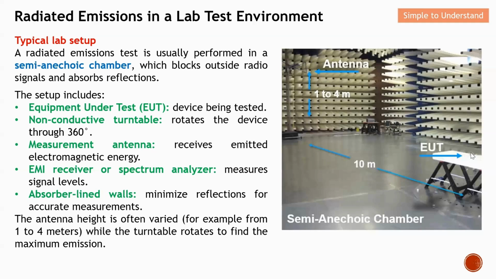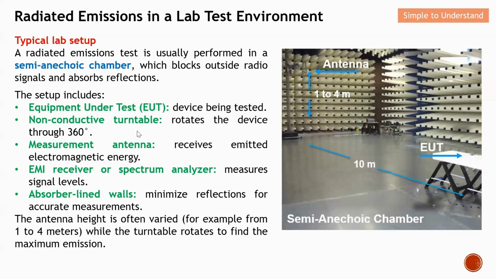Next, the setup includes, firstly, the DUT. You can see that this is where you position your DUT. This is the device being tested. Next, a non-conductive turntable. You can see that this is a non-conductive material, it cannot be metal. What it does is rotate the device 360 degrees.